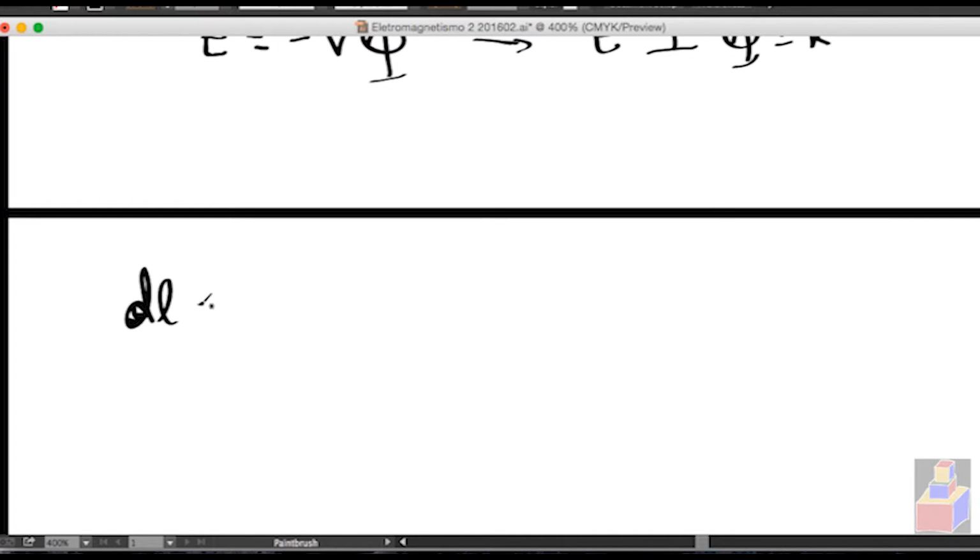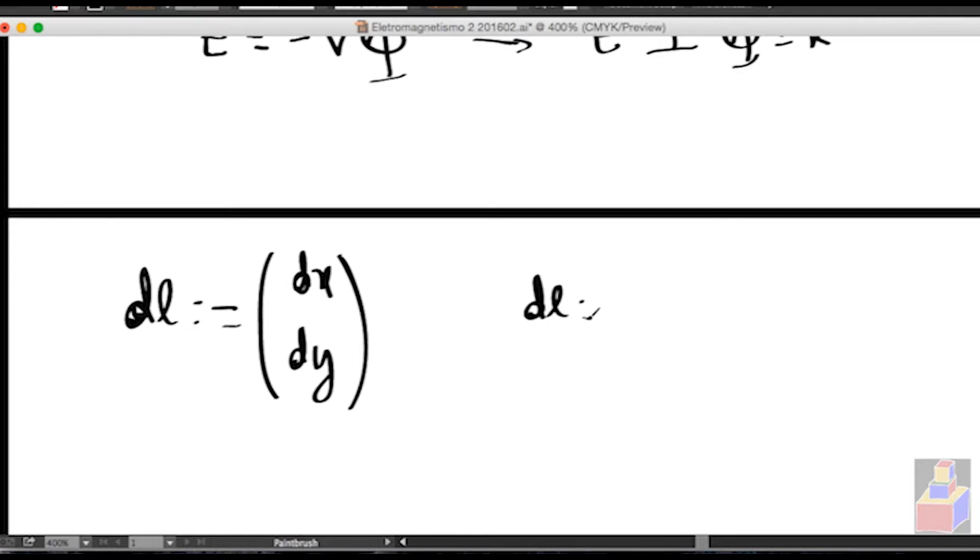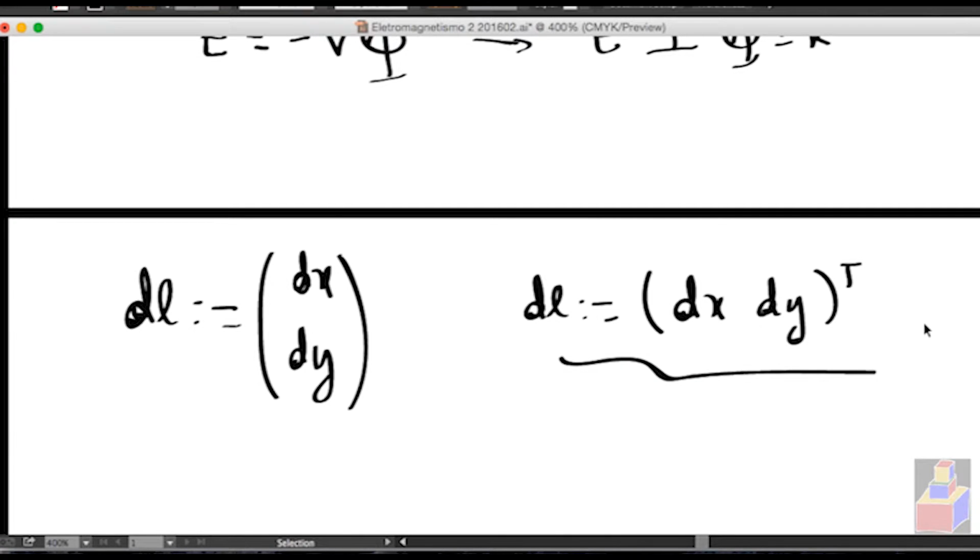In MathCAD, it would be something like this, right? The x, the y. Or if you want, like this. To save room, I'm using this notation here.